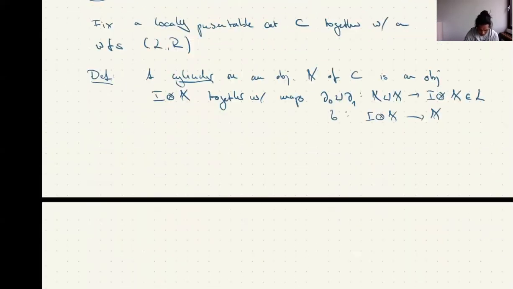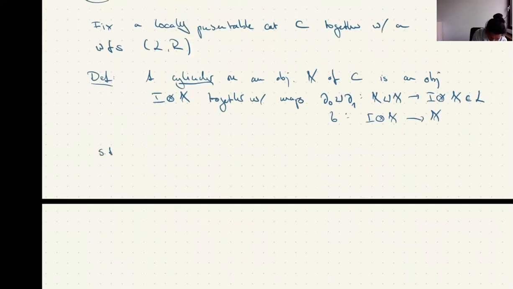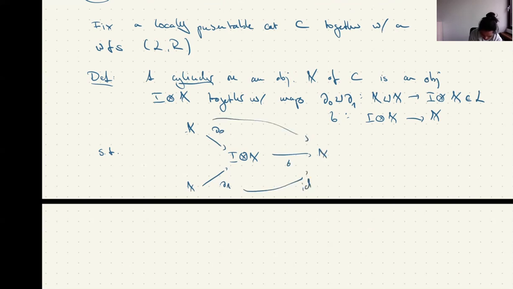Right, and then just as in topology, we want that the following diagram commutes. So we have our cylinder object and the endpoint inclusions and the projection map, and this should give the identity.